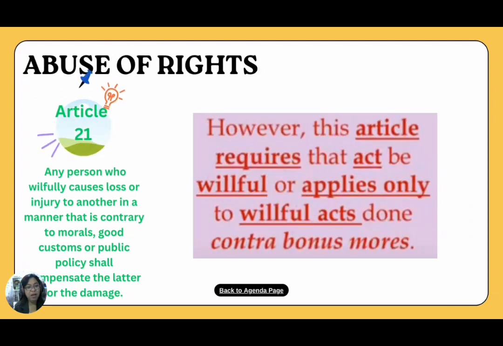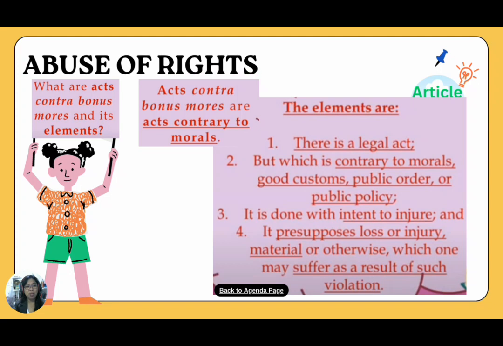Now, however, Article 21 requires that the act be willful, or it applies only to willful acts done. So, contra bonos mores: the act is contrary to morals. Now, what is contra bonos mores? We have been mentioning it earlier. How do you consider an act as contra bonos mores? Contra bonos mores are acts contrary to morals.